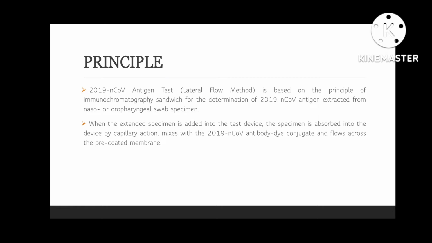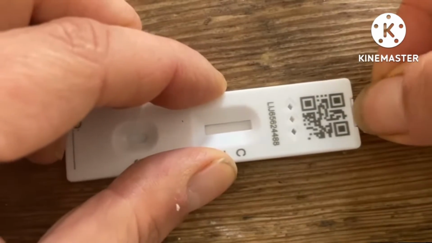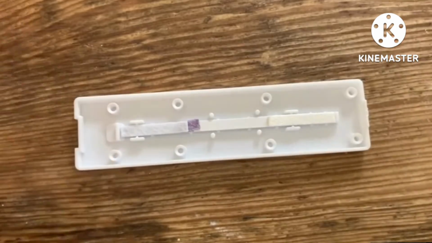It follows a lateral flow method, and it is based on the principle of immunochromatography sandwich for the determination of 2019 nCoV antigen, which is extracted from what? The nasopharyngeal swab or oropharyngeal swab specimens.